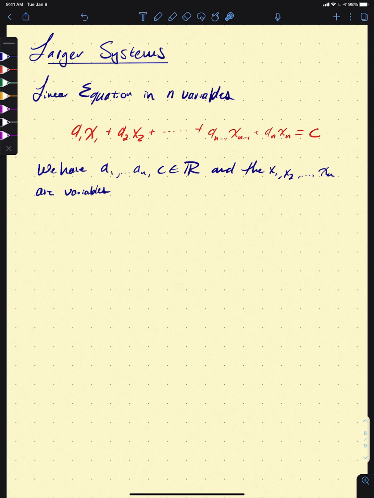Once you go more than that, it starts getting hectic with all the letters, so you just switch to numbered subscripts, but we won't be working with larger systems than four. And so you can build systems out of these equations, and as we've said, you can build linear and nonlinear.